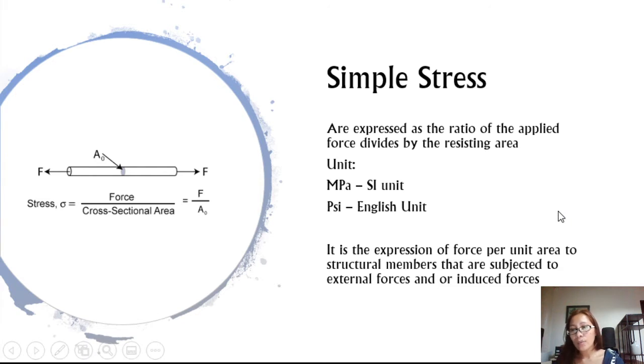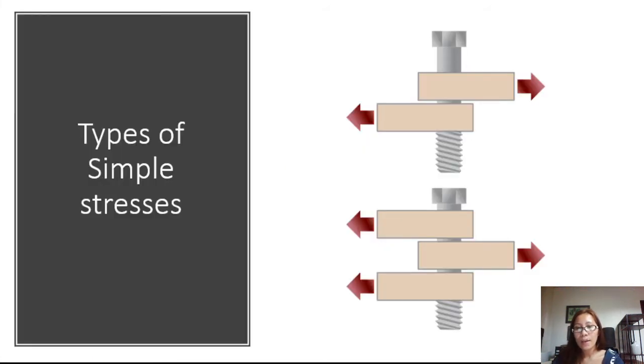So the units that we will use are the megapascal, which is the SI unit, and the PSI, which is the English unit. It is the expression of force per unit area to structural members that are subjected to external forces and or induced forces. So we have types of simple stresses.